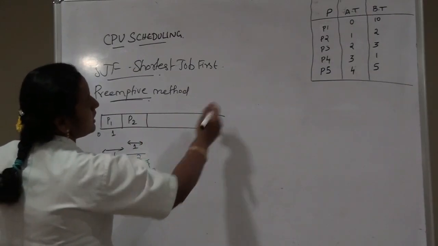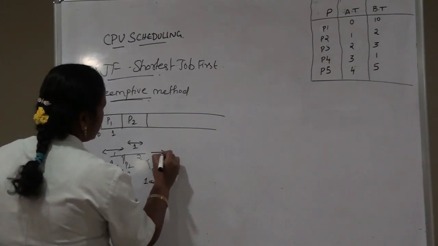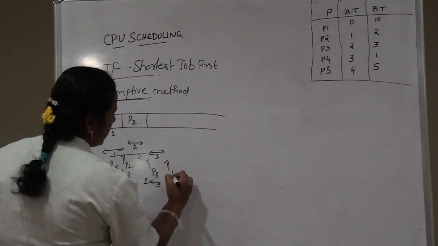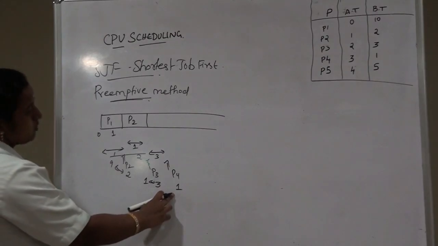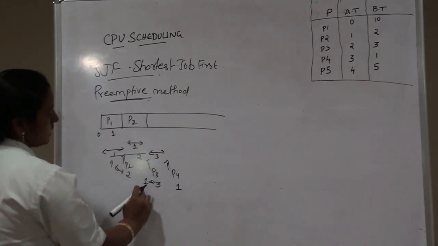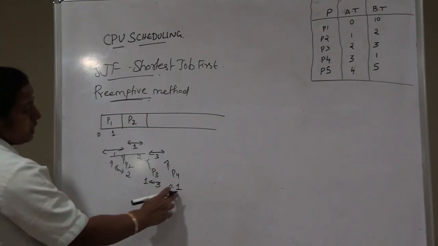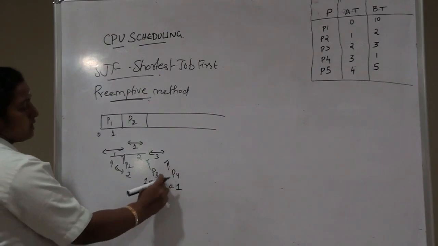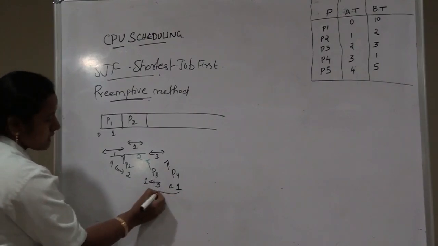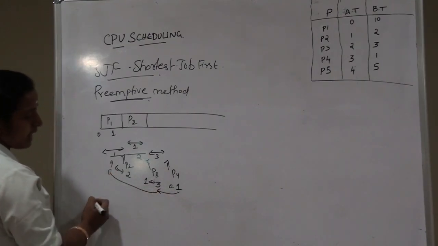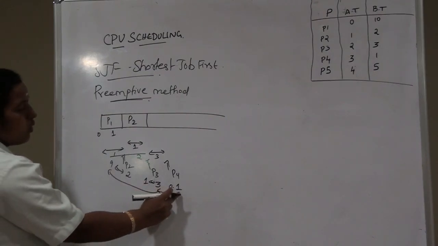Next, at the 3rd millisecond, P4 arrives. P4's burst time is 1, whereas P2's burst time is 2 minus 1, so it completes. Comparing these waiting burst times with the previous 3 and 9, 1 is less.